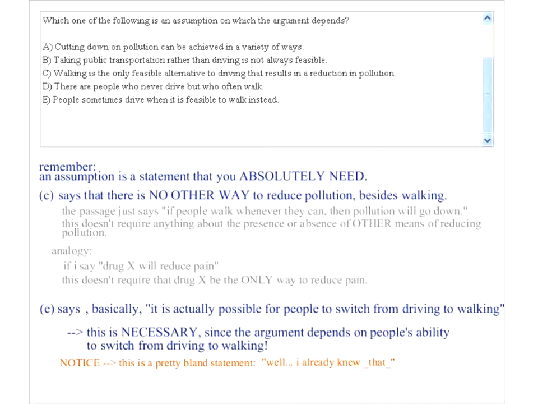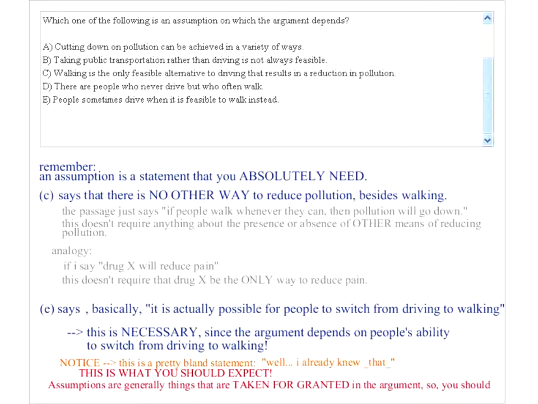Okay, so this is what you should expect. Assumptions are generally things that are taken for granted in the argument. So you should not expect them to be terribly interesting or controversial claims.